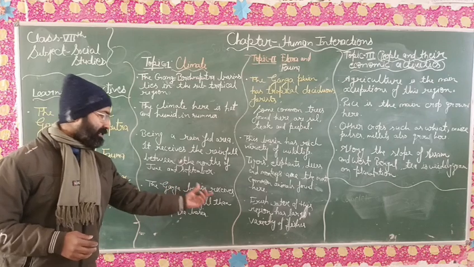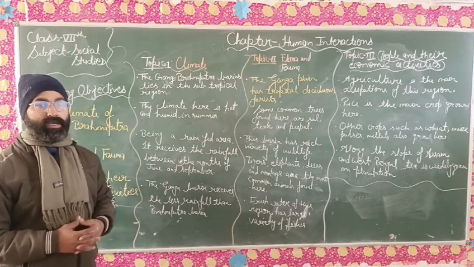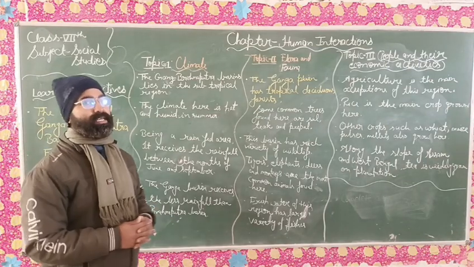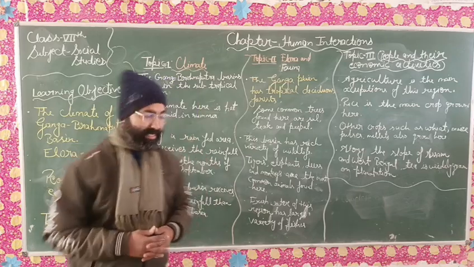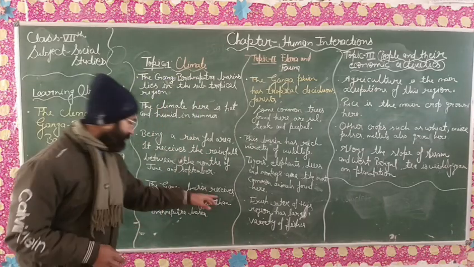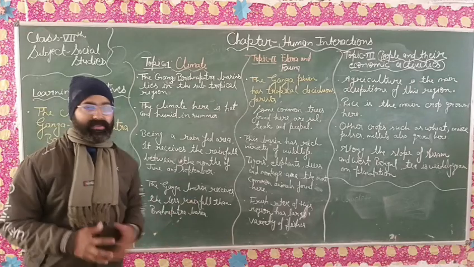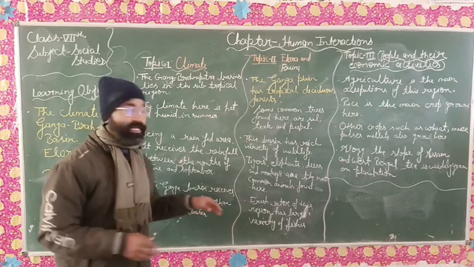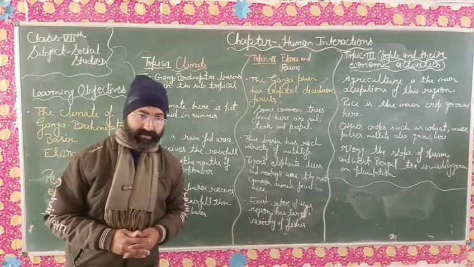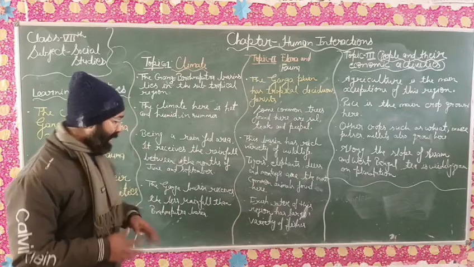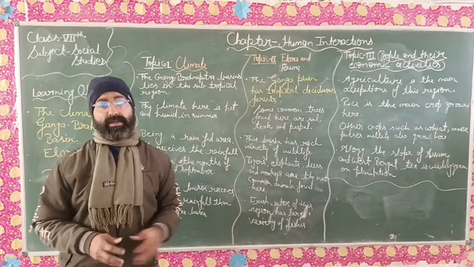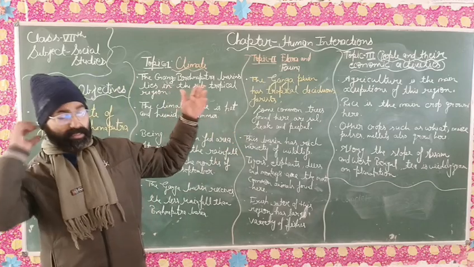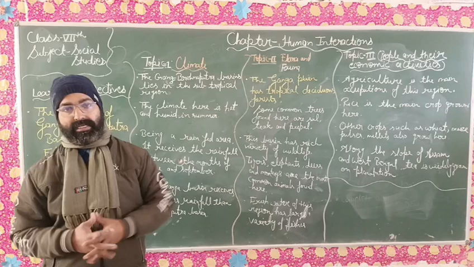The Ganga basin receives less rainfall than the Brahmaputra basin. Why? What is the reason behind that? The reason is that the Ganga basin is an interior part of our country, and the Brahmaputra basin is near the Bay of Bengal, and there is the Arabian Sea also.